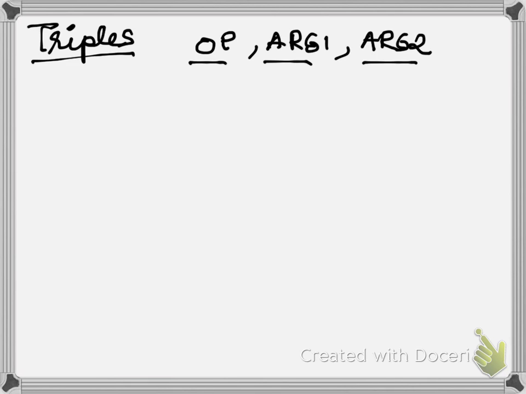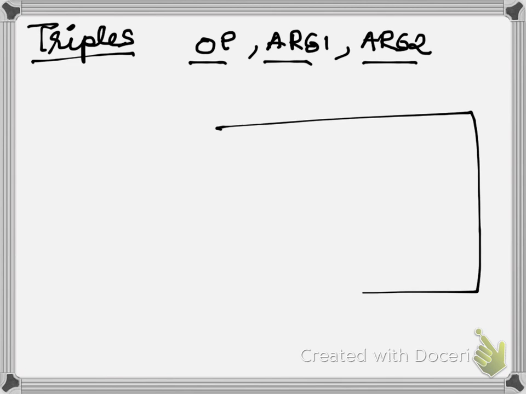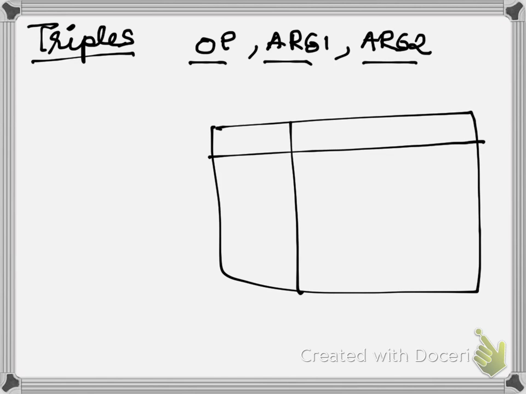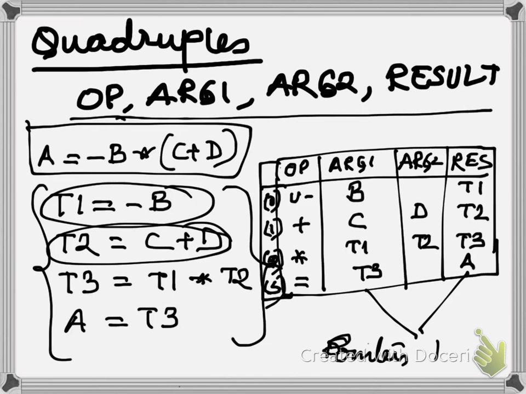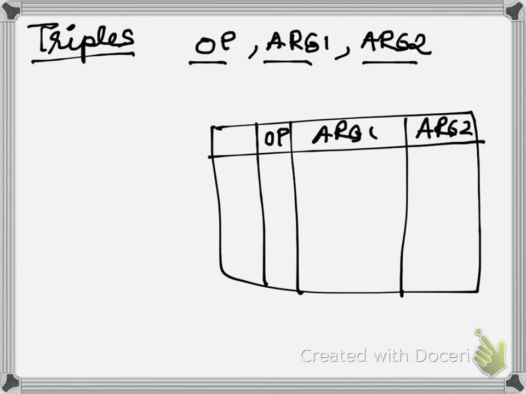So let us see the same example. This is our triple. This indicates the op, then arg1, and arg2. Our first statement was T1 assigned minus B. We are not going to use T1 anymore.